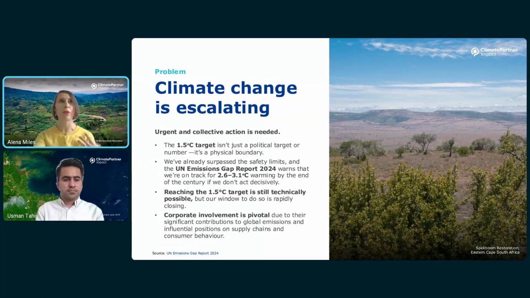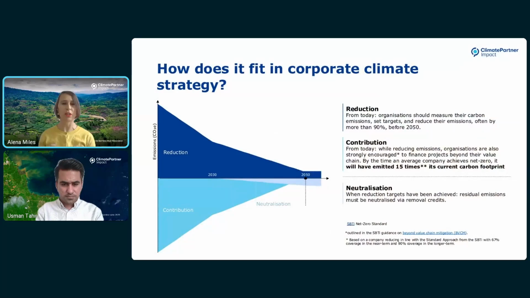But if you're a corporate and you want to make an impactful contribution to climate action, what does that actually look like? What do you need to do, and how does that fit within your strategy? There are many different ways to think about it, but I guess a starting point would be to think about setting a net zero target.